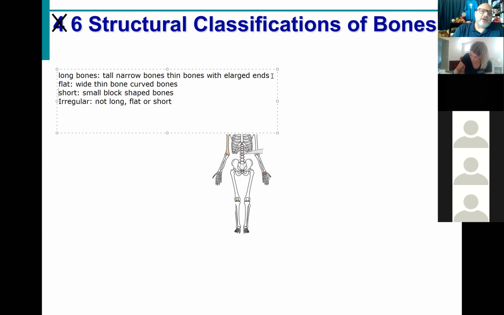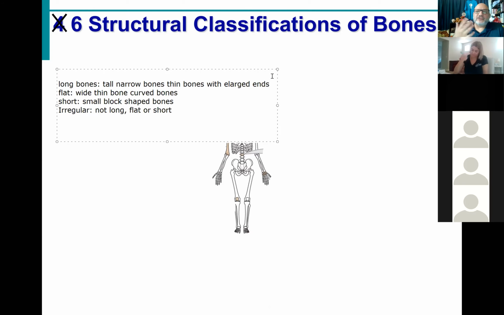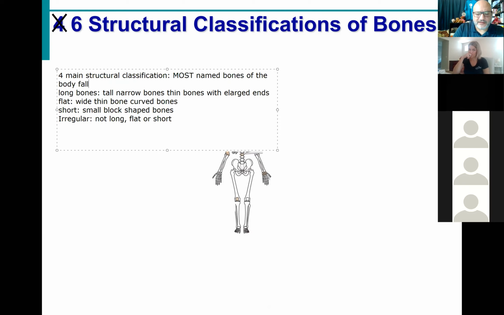Now, these are the 4 that we think of most commonly as the main structural classifications. And that is because most bones of the body, let me rephrase that, most named bones fall into one of these 4 categories.